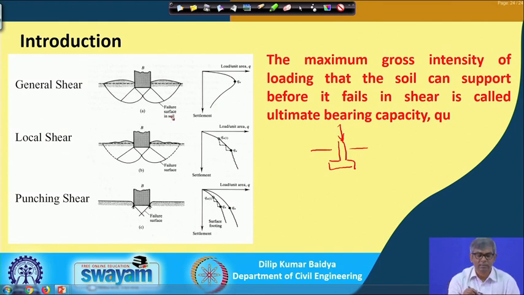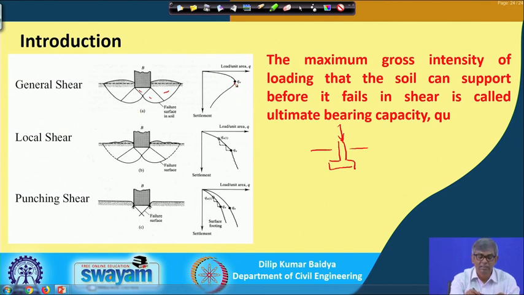If the soil is having general shear, that means the footing is loaded here, then it is experimentally shown that below the footing the soil will have three distinct zones, 1, 2 and 3, and there will be a little bit of heaving at the surface. With the increase of the load, this will happen within the soil, and if you record load corresponding to settlement and plot, you will get it like this.